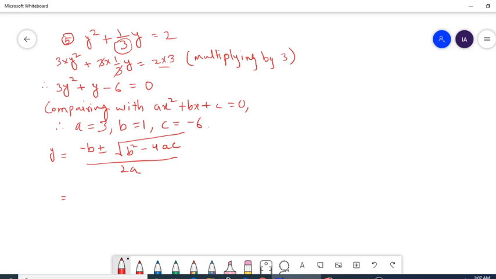Now I'll substitute the values of a, b, c from here into our formula. Minus b, that is minus 1, plus minus root of b square, that is 1 square, minus 4 into a into c, minus 6, upon 2a.